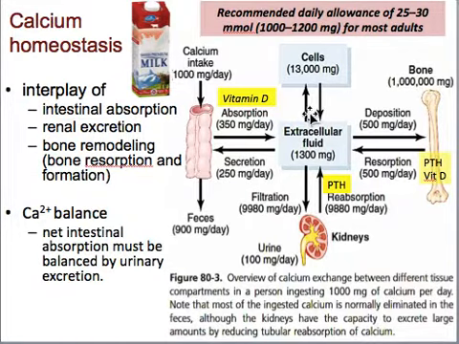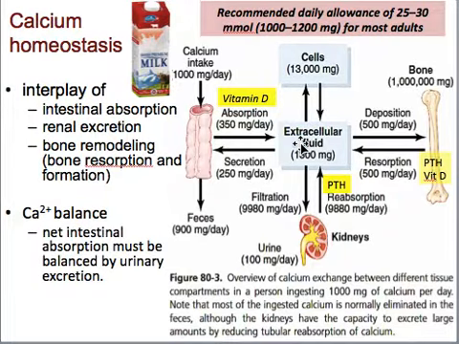The majority of the calcium that is filtered in the kidney will also be reabsorbed, and this calcium reabsorption in the kidney is regulated by your parathyroid hormone, and about 1000 milligrams of calcium is excreted in the urine per day. So if you have a normal calcium balance, the amount of calcium that is deposited in your bones will also be the same amount that will be resorbed in the bone.